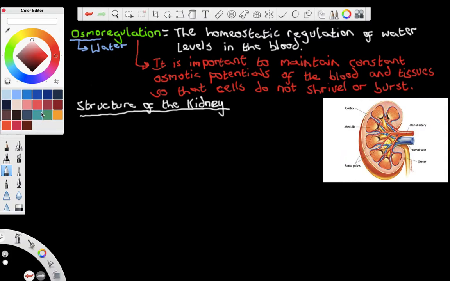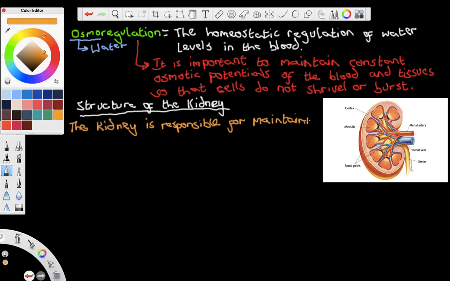We can say that the kidney is responsible for maintaining water levels in the blood.